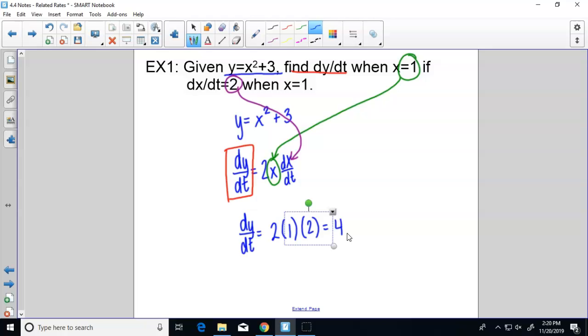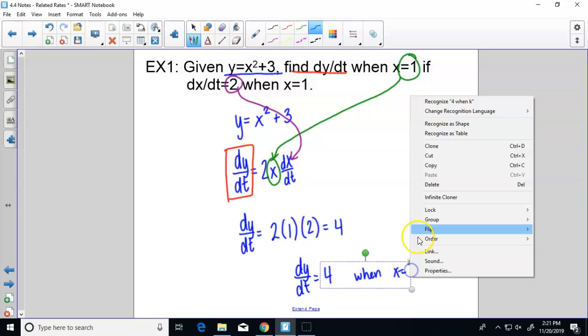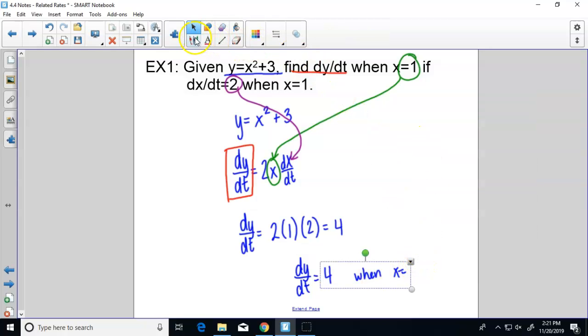We don't know what y is, what x is, why it's changing like that, but we know dy/dt equals 4 when x equals 1. So the rate at which y is changing with respect to time is 4 whenever x is 1.